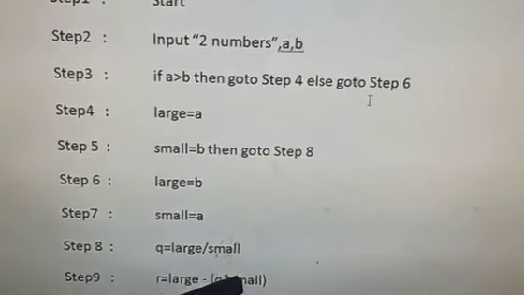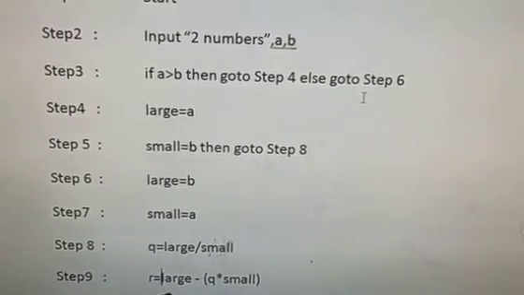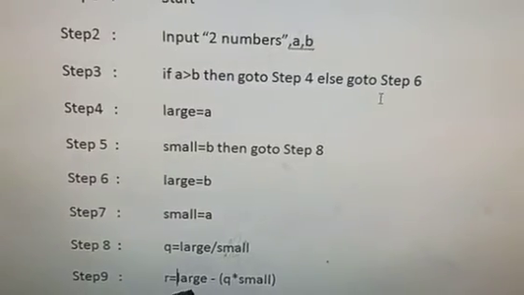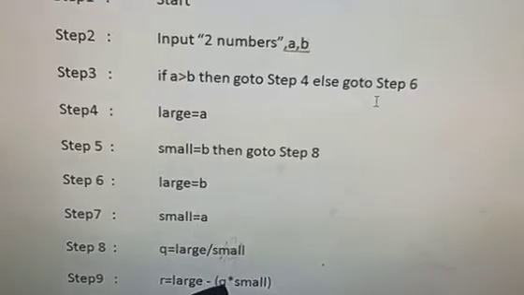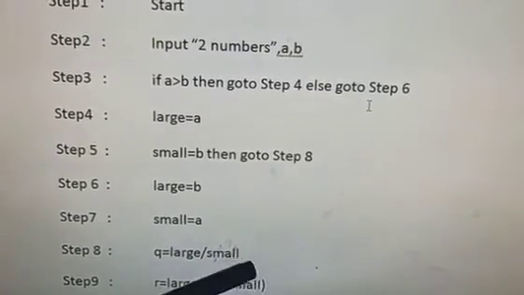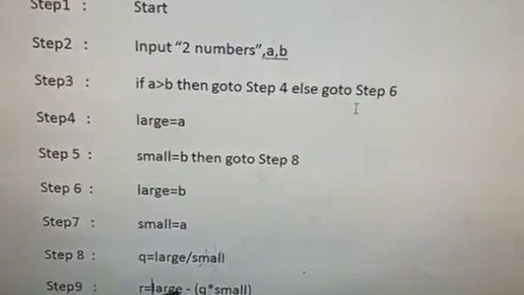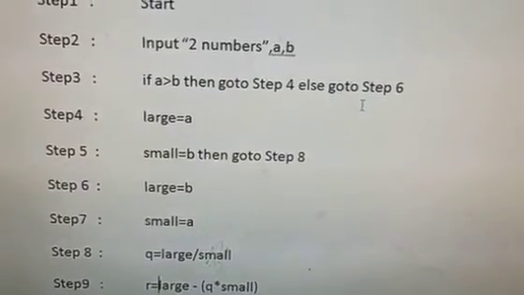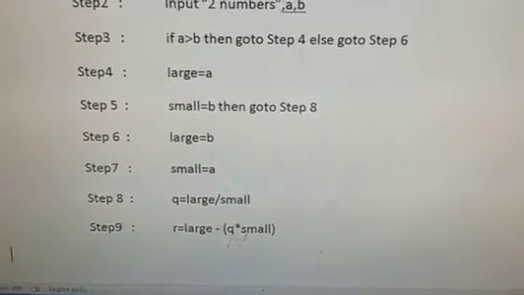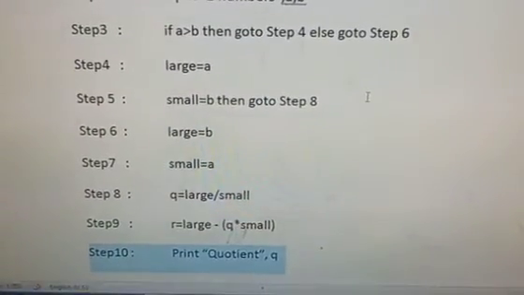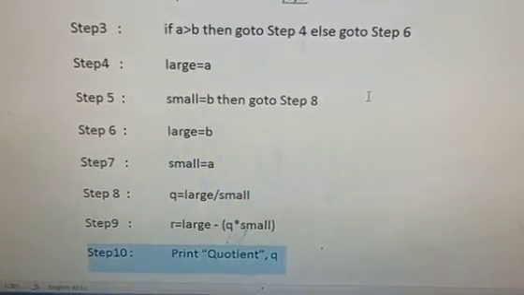So 7 ones are 7, and for finding the remainder, the formula we are putting is the largest number, 10, minus quotient, that is 1, into smallest number, that is 7 here. So 10 minus 7 is coming 3. So this 3 we are storing in a variable r, that is used for remainder.